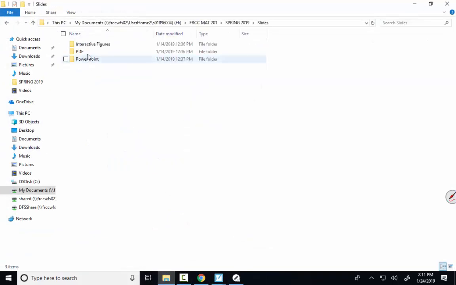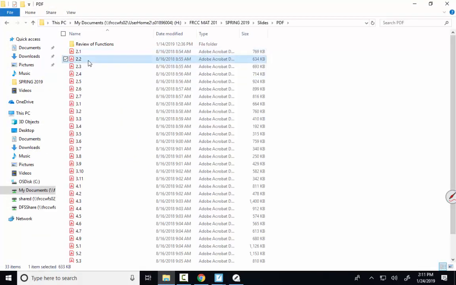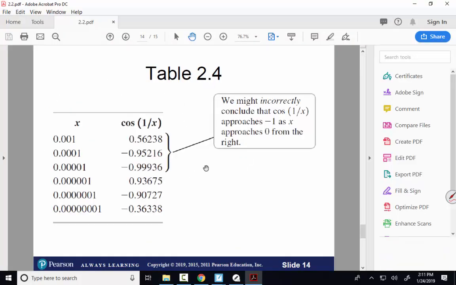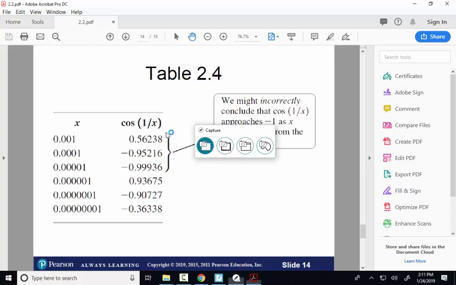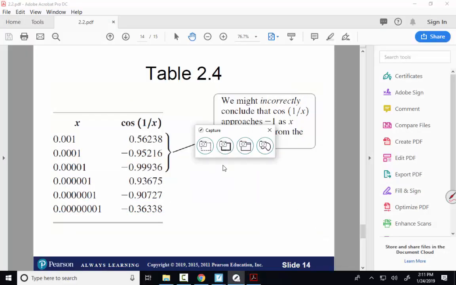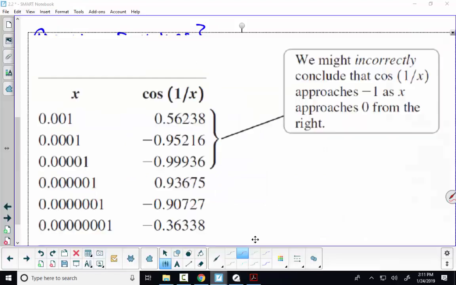So I'm just going to cheat and put the rest of the values from your textbook in here. Let's just say we stopped there because we were tired and didn't want to do it anymore.